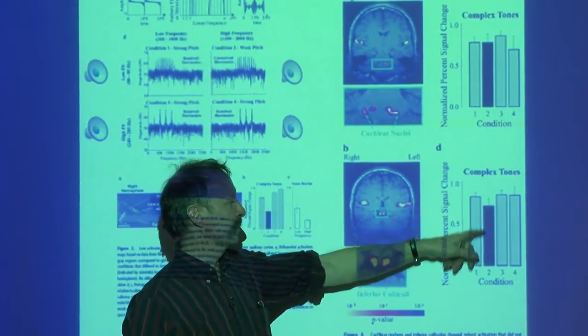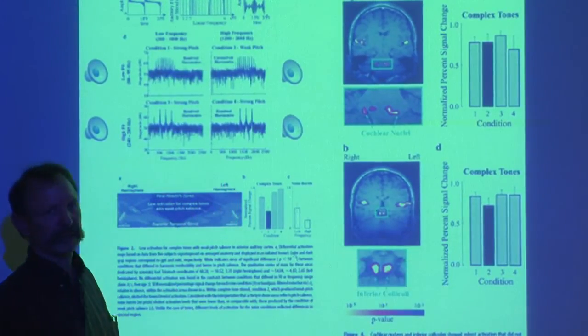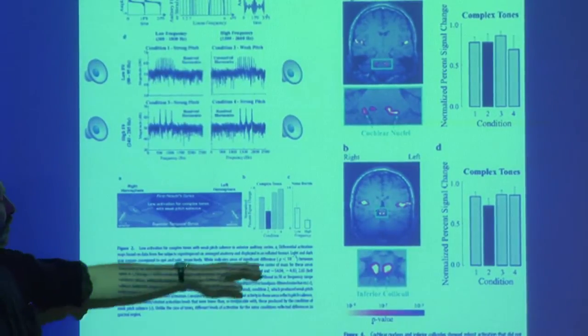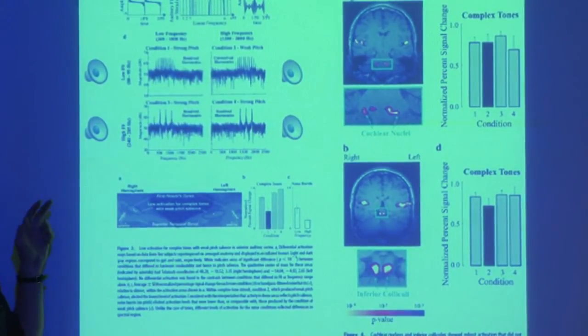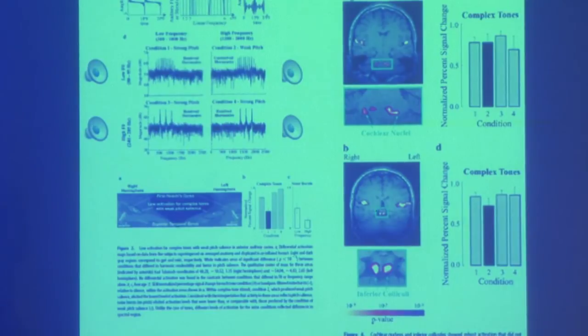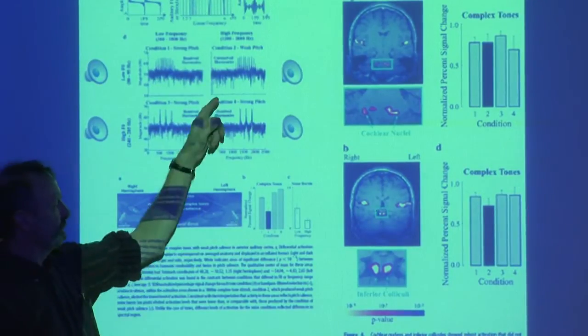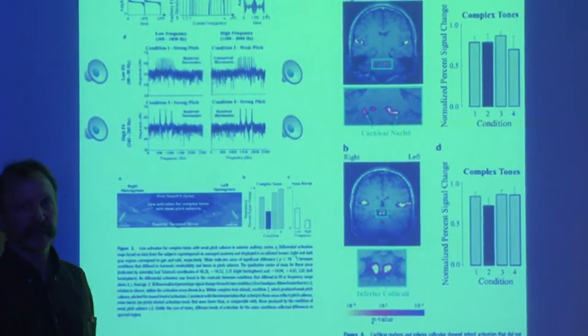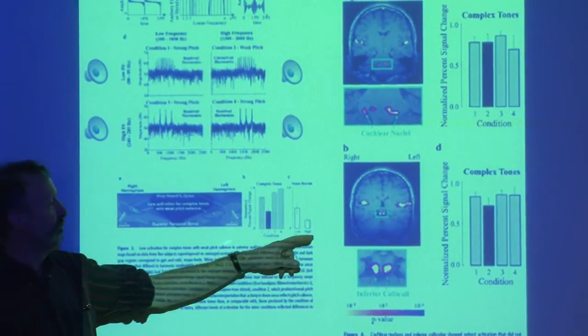The inferior colliculus, perhaps a little bit less activation for that stimulus, but not significantly so. In the case of this center for pitch salience in the auditory cortex, clearly there's a lot less activation for that stimulus with the weak sensation of pitch, about the same amount of activation as you'd find with noise bursts.